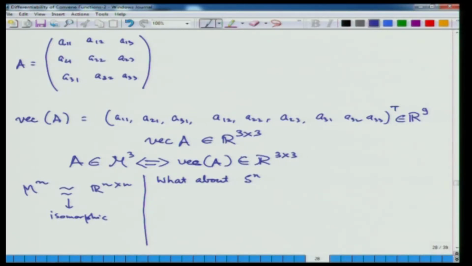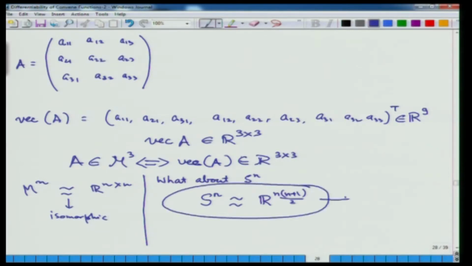We have to take those things into account, and once we do, you will see that Sn is isomorphic to a smaller space. How does it happen? Think about it and we will discuss it tomorrow.